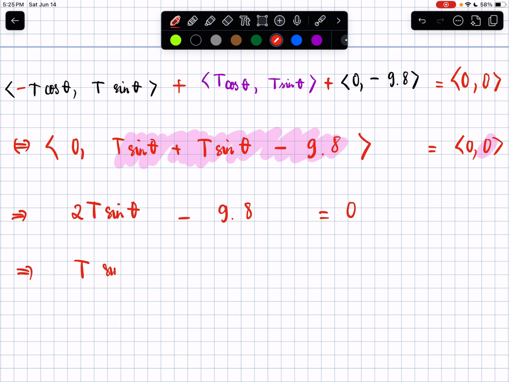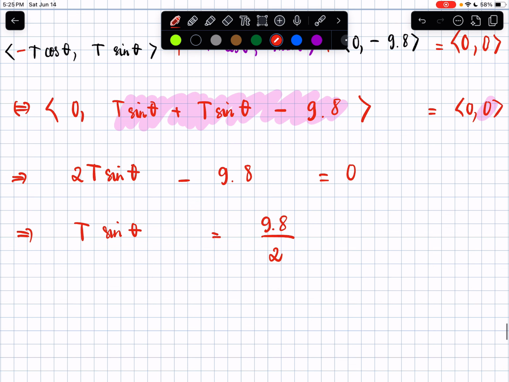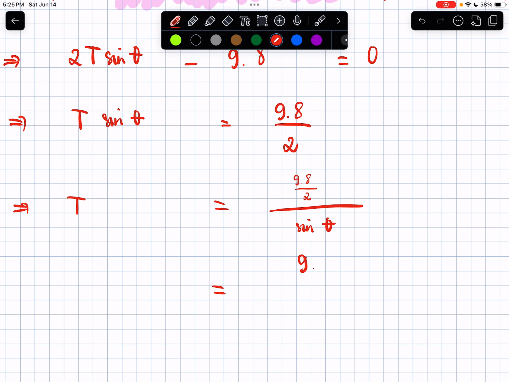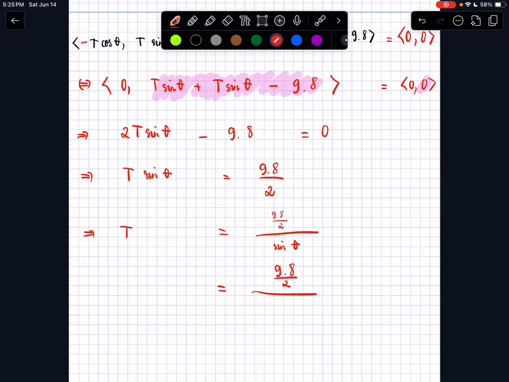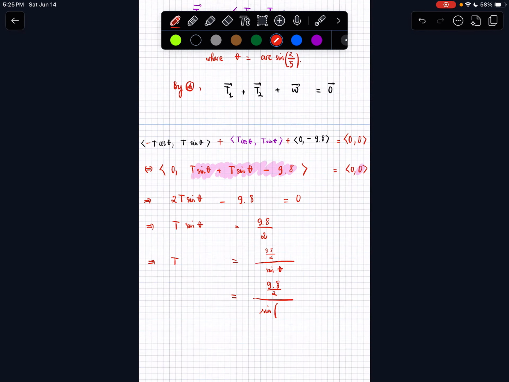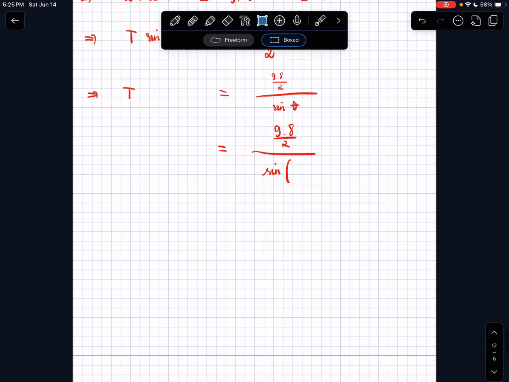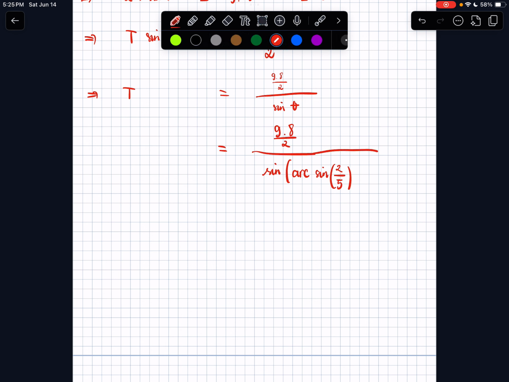T sine theta is 9.8 divided by 2, so T equals 9.8 divided by 2 divided by sine theta, where theta is this angle.